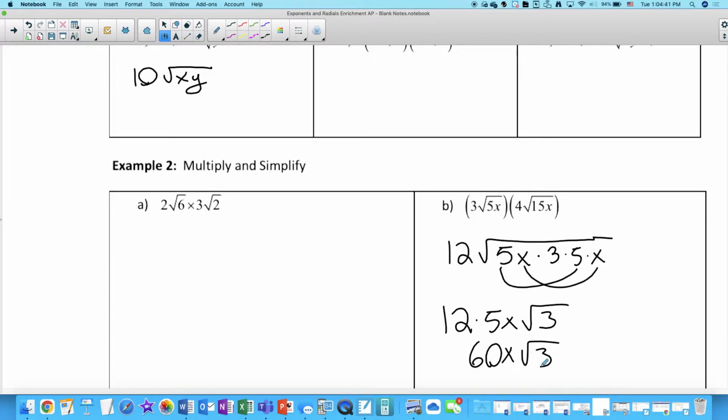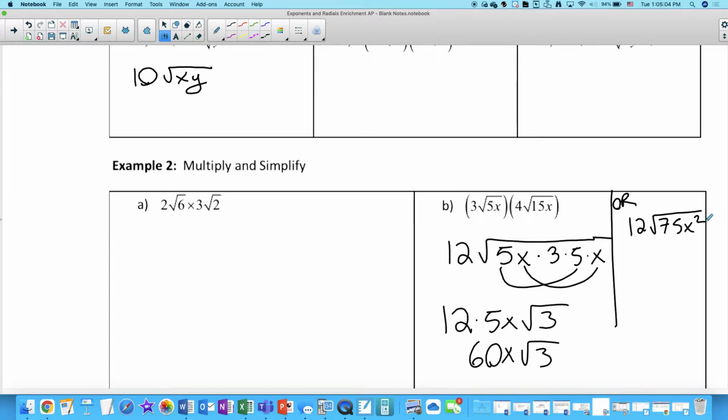Okay, you could absolutely do this. 12 square root of 75x squared, right? And then think, okay, 75 is like 3 times 25. 25 is a perfect square, so I can pull a 5 out, left with a 3. And then if there's two x's, I can pull one of them out, right?